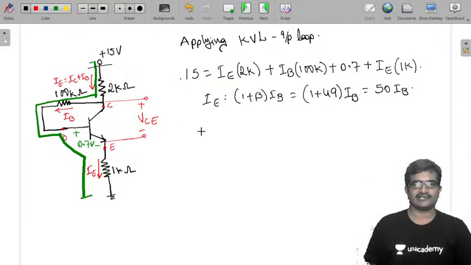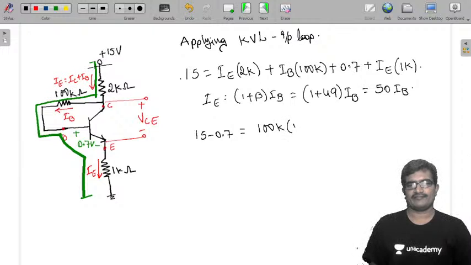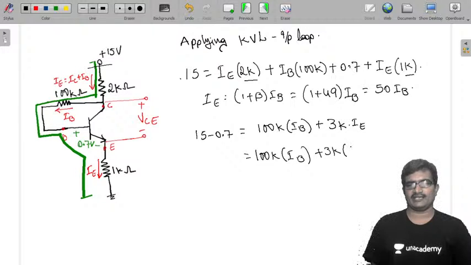Now once again I am taking this equation. 15 minus 0.7 equals 100k into IB plus 2k plus 1k, 3k into IE. Now I am replacing IE by 50 IB, that is 100k into IB plus 3k into 50 IB. Now it is 150k plus 100k, 250k into IB.